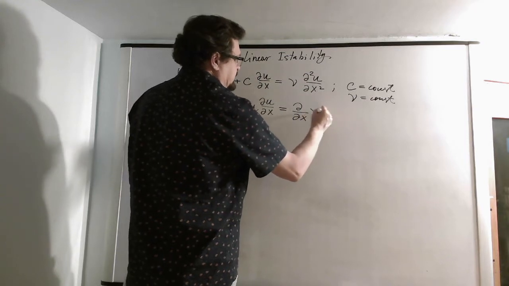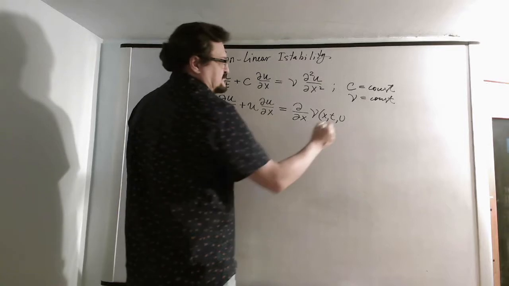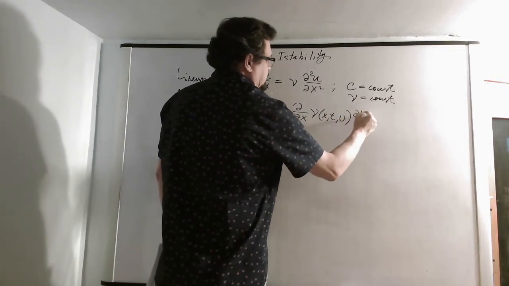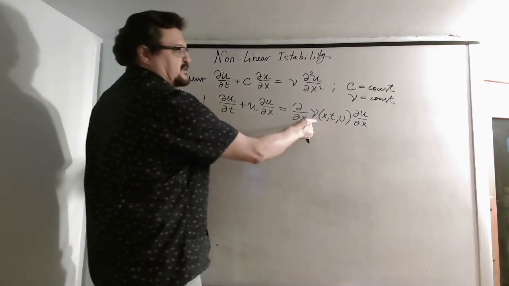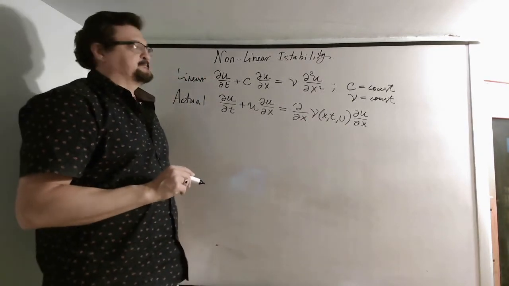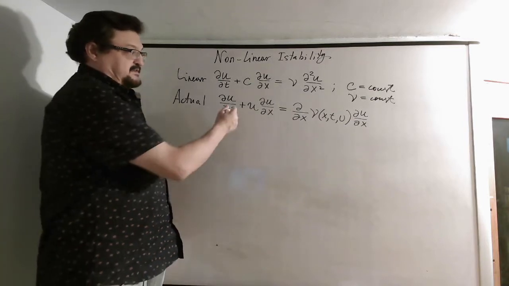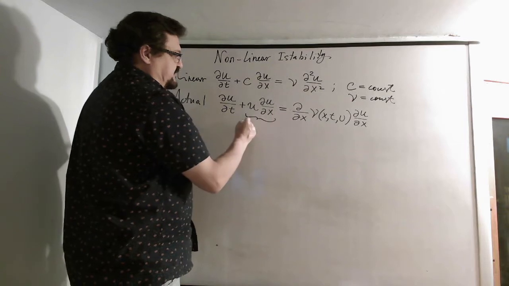So it's a nu which can be a function of x, time, and actually of u, du/dx. And when we talk about subgrid scale parameterization, we will talk about how to find this so-called eddy diffusivity. So you see that in that case, this is a nonlinear term.